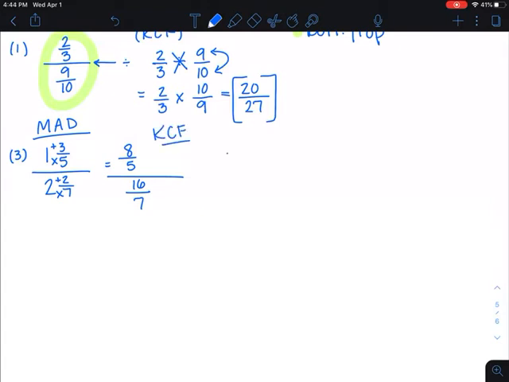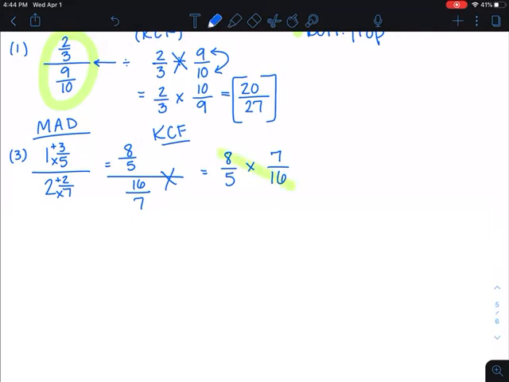So now we do KCF, which is keep, change, flip. So I keep my first fraction, 8 over 5. I change my division to multiplication, and then I flip my last fraction. I take the reciprocal, and I have 7 over 16.